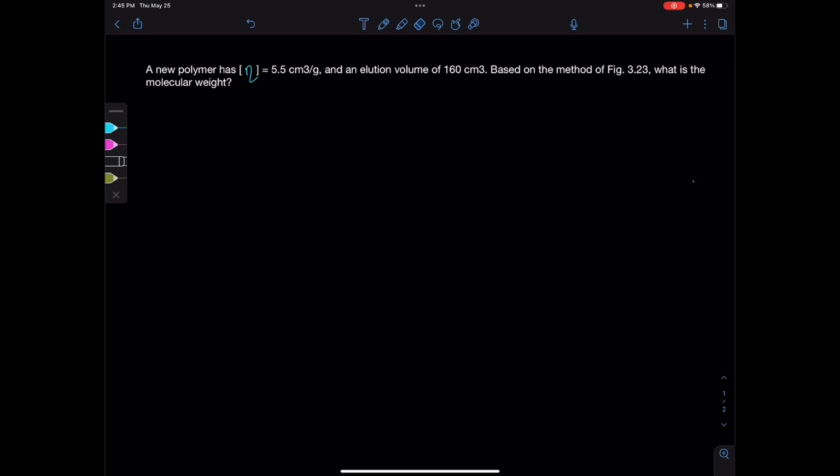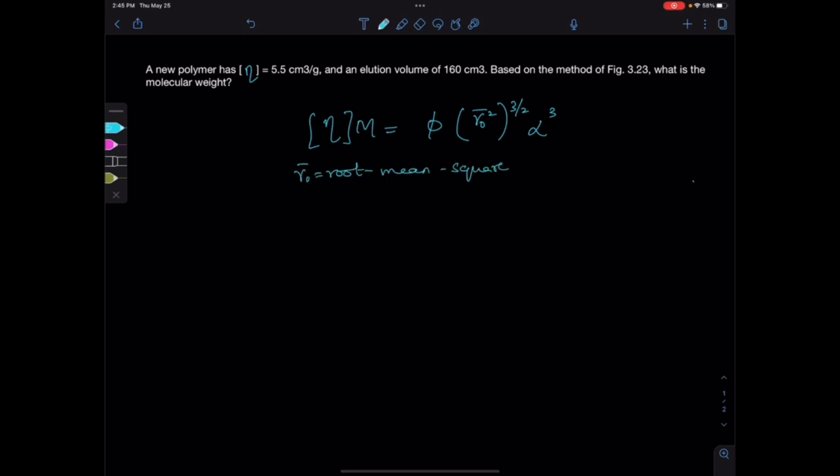Now, we know from the Mark-Houwink-Sakurada equation that eta times M equals phi r0 squared to the power 3 by 2 times alpha cube, where r0 is the root mean square end-to-end distance of the polymer chain.